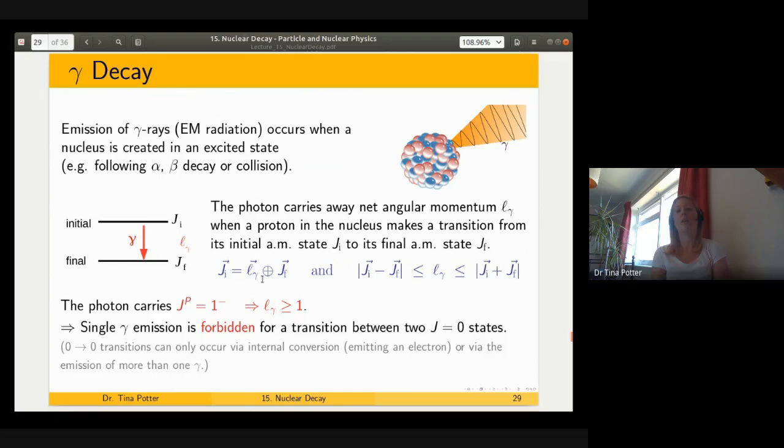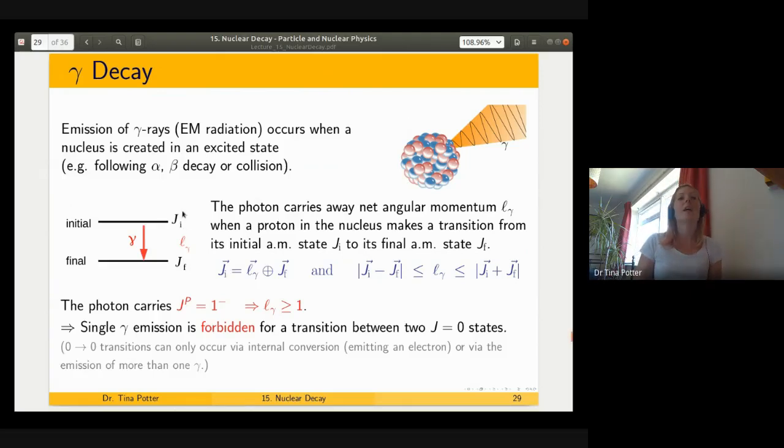Therefore, the orbital angular momentum is going to be larger than or equal to 1. It's going to change the parity of a nucleus. And the difference between the initial and final state J's is going to be lower than or higher than the orbital angular momentum of our photon that's being released, simply because of the conservation of J here.